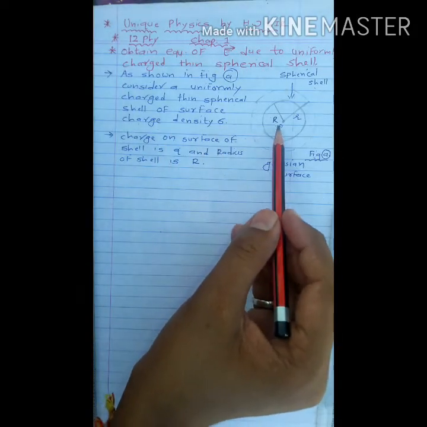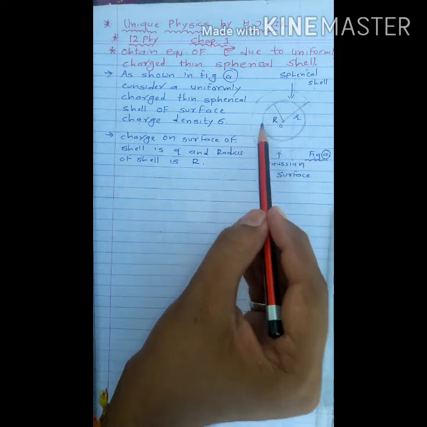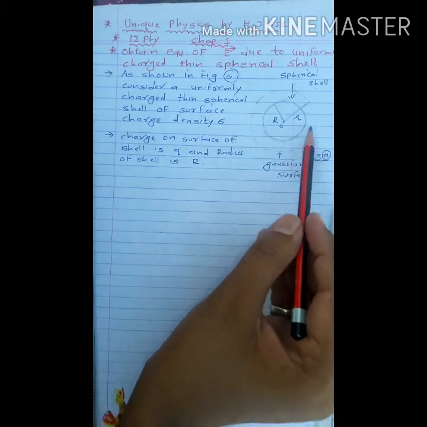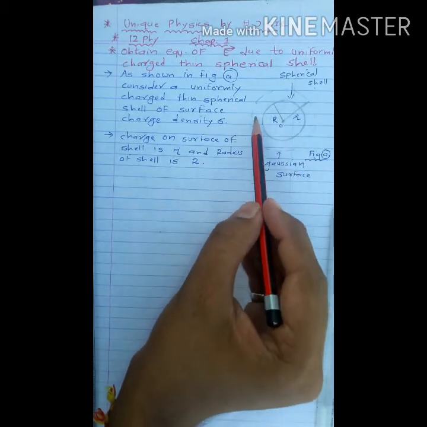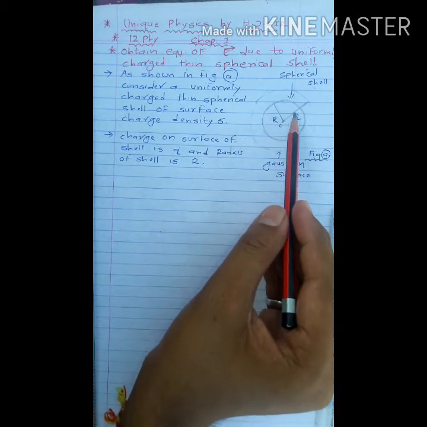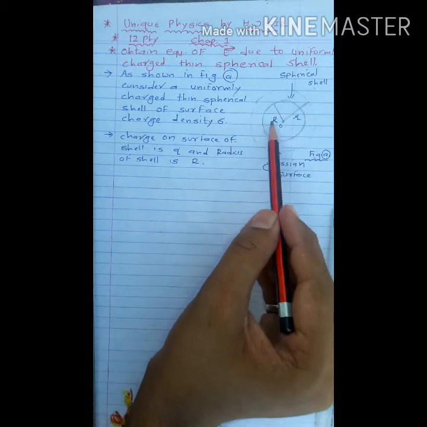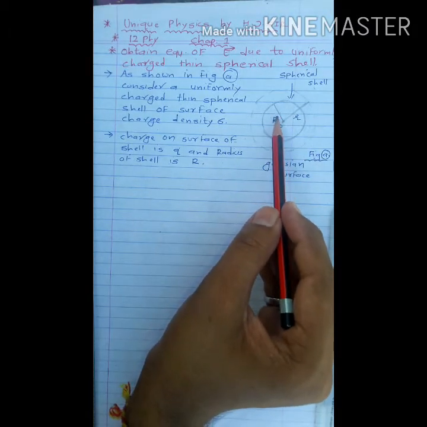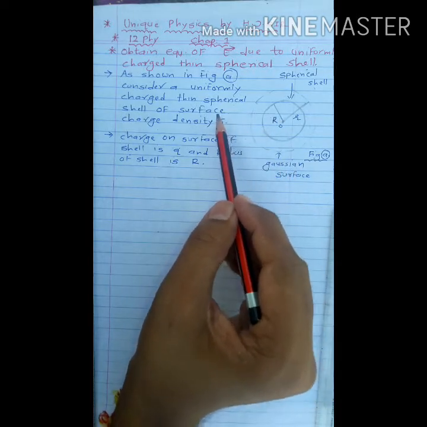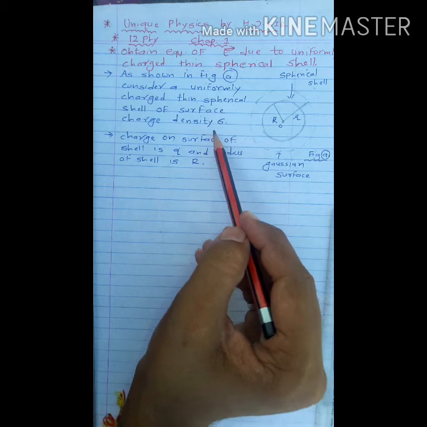So now, as shown in the figure, consider a uniformly charged thin spherical shell. This is our spherical shell. The continuous line represents the spherical shell, and here we consider a continuous distribution of charges on its surface. The surface charge density of this spherical shell is sigma.